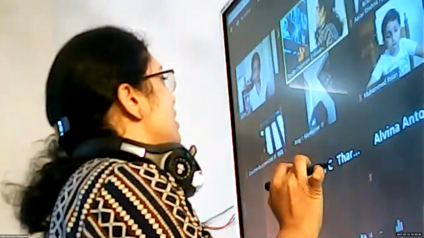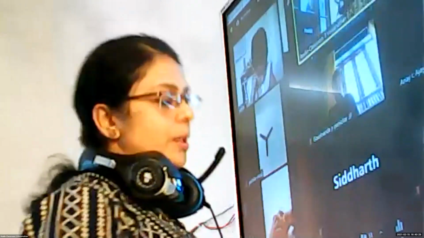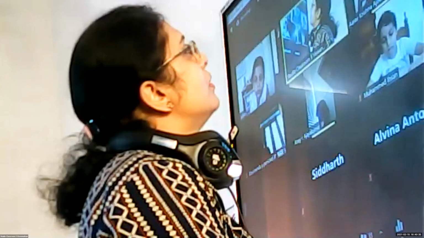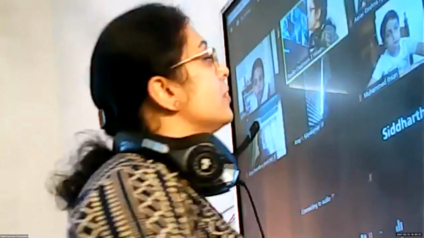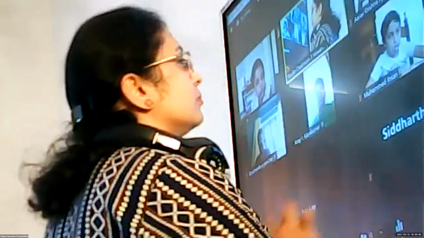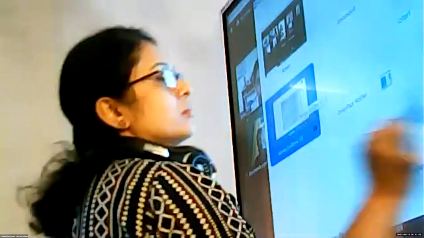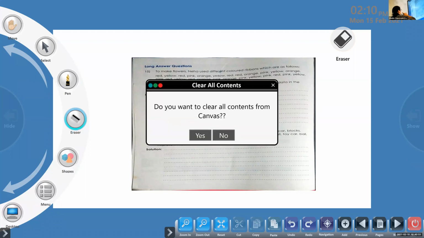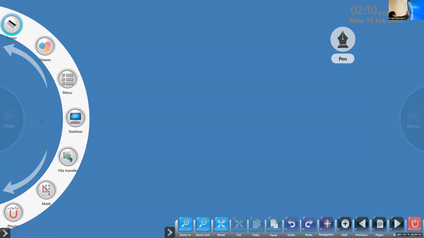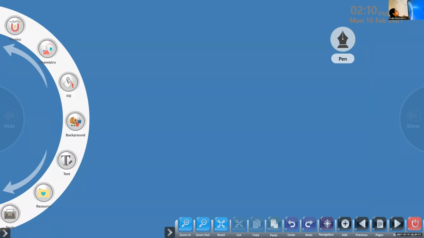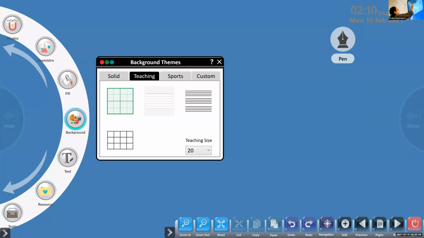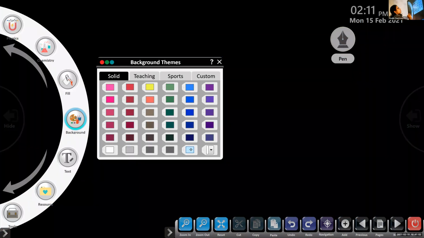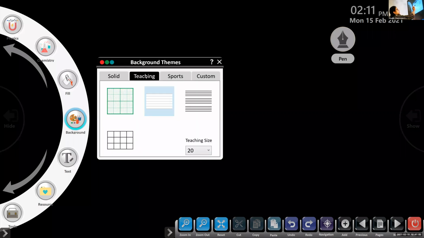Please get your pencil ready and also your eraser along with the book. Page number 23. Yes, Arav? Ma'am, page number? Page number 23. Ma'am, workbook.